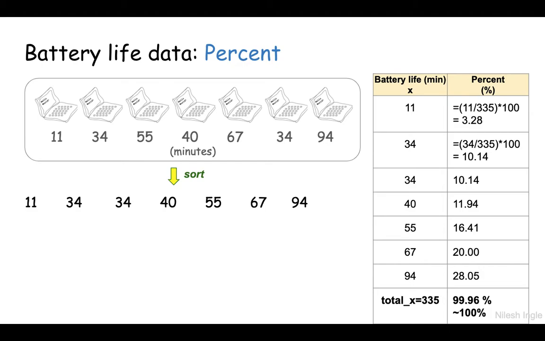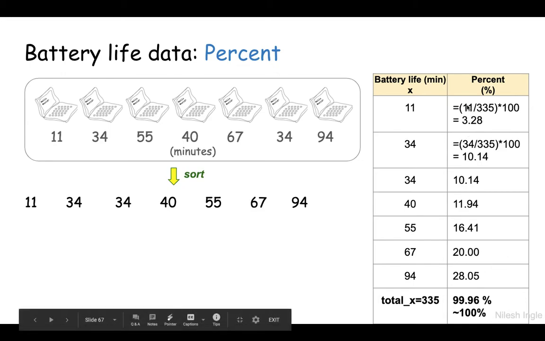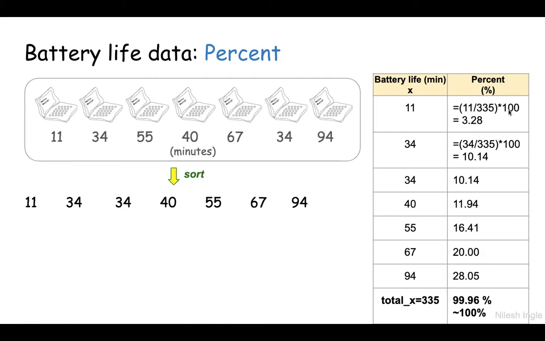Let's say you want to find out what percent the battery life of 11 for the first laptop is of all those that were measured. To do that, you divide 11 by the total 335 and multiply by 100, so you get 3.28. So 11 is 3.28% of 335, which is the total of all battery lives that were measured.